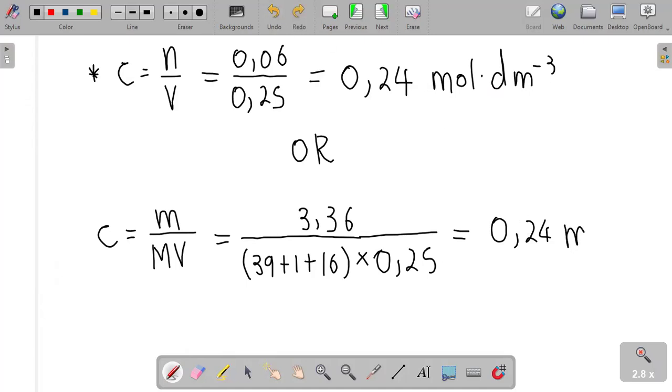This is mole per cubic decimeter. So you can do it the other way, or you can do it this way. The second formula does not have a small letter n, see? So we don't have to find it. We can just go straight to the answer. But I just wanted to show you an alternative way.